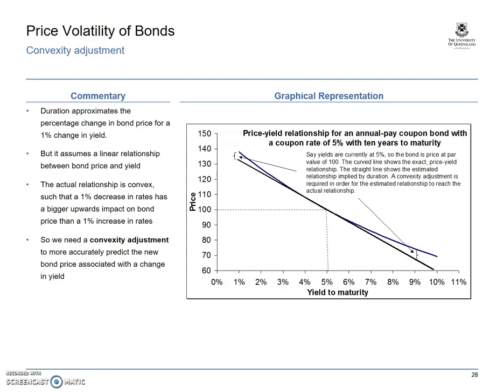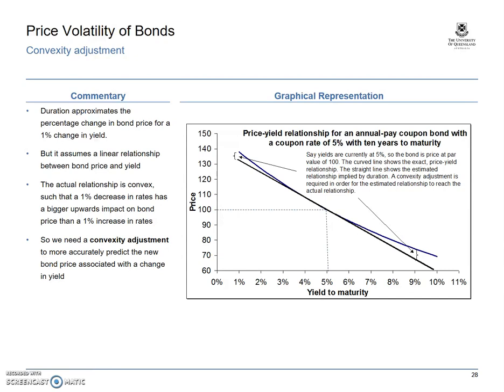However, you can see that as we move away, or if the forecast yield increases by a large amount, the further that we move away from 5%, the less accurate the duration estimate becomes. And you can see that by the gap between the blue line and the black line.